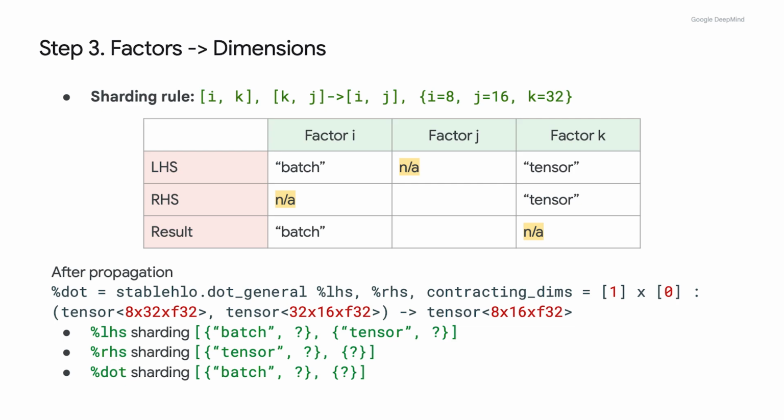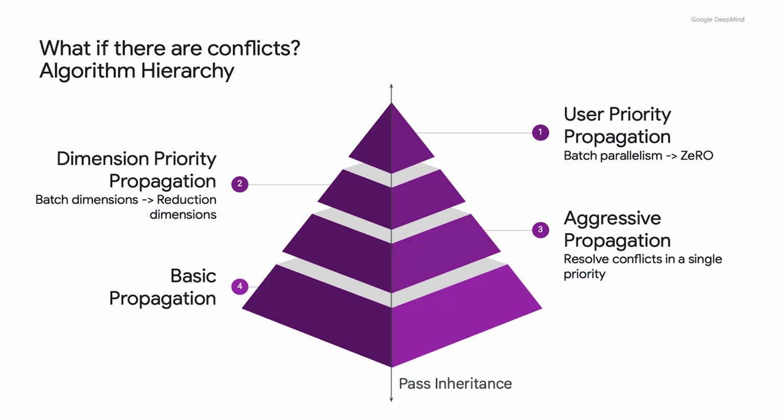This is the propagation result in the factor space, and after projection, we obtain the shardings in the dimension space, where the RHS will be partitioned along the first dimension, and the result will be partitioned along the first dimension by the batch axis.